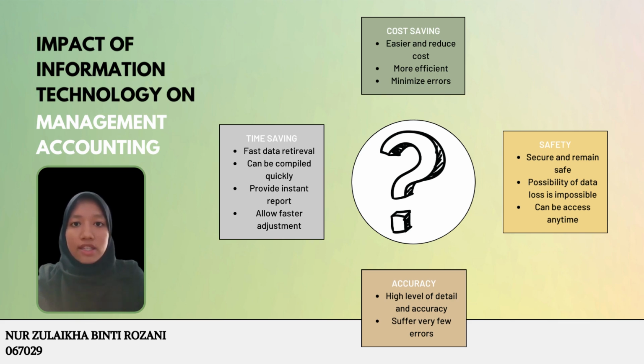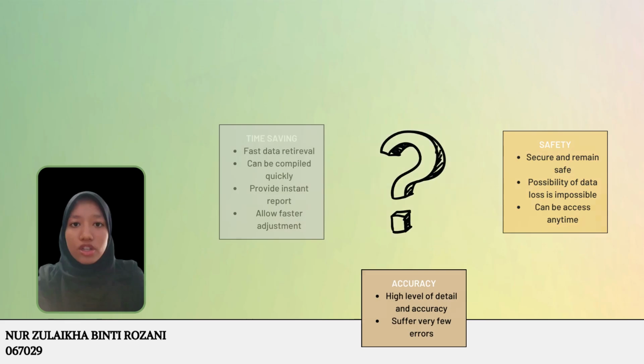Use of IT such as computerized systems in management accounting enables fast data retrieval. With a computerized accounting system, information or reports for a specific period can be compiled quickly. Computerized systems can also provide instant reports, allowing for faster adjustment in business strategy.